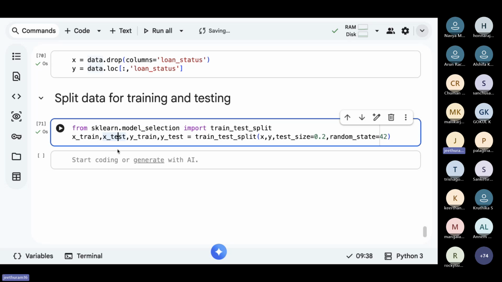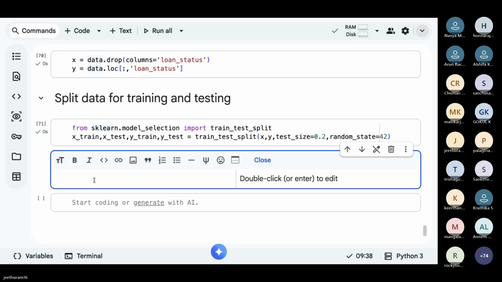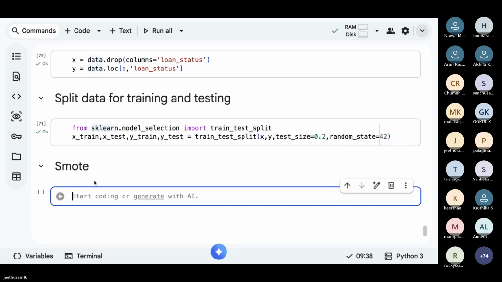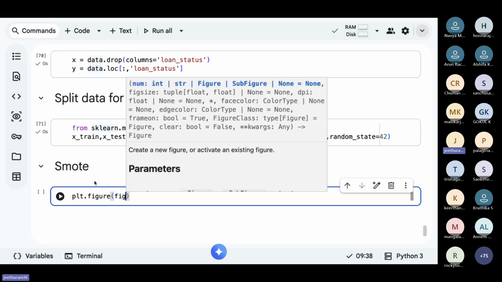Once you split your data for training and testing, since it's a classification problem, do we need to apply a SMOTE technique to balance our data? First, we'll just plot a graph to see how many classes we have. Do we have equal proportion or is there a difference in proportion?